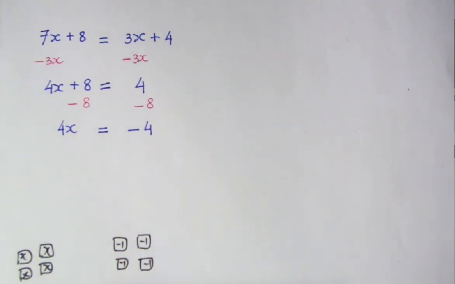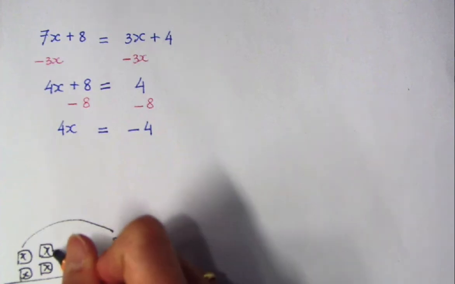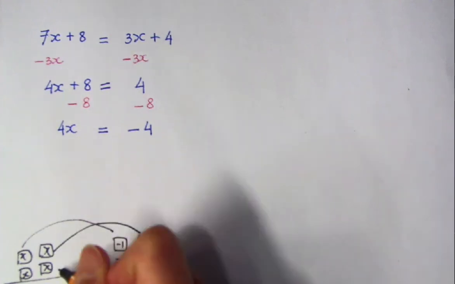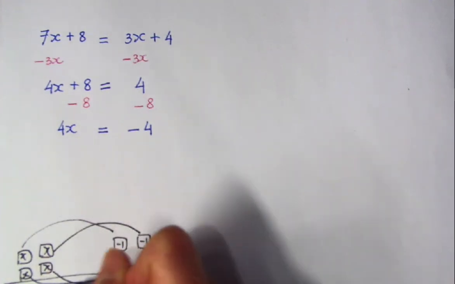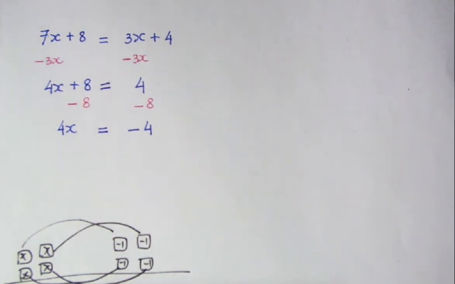So if I split them into 4 groups, then of course I can see right away that each x block actually corresponds with each negative 1 block. So one piece of x block is the same as one piece of negative 1 block in this case.